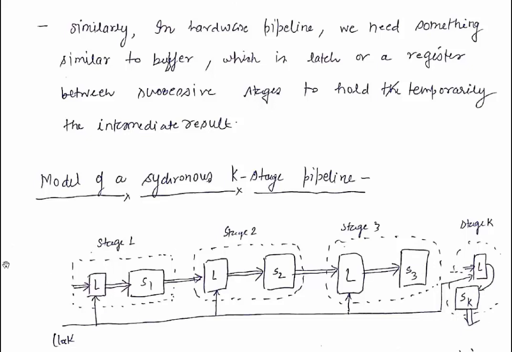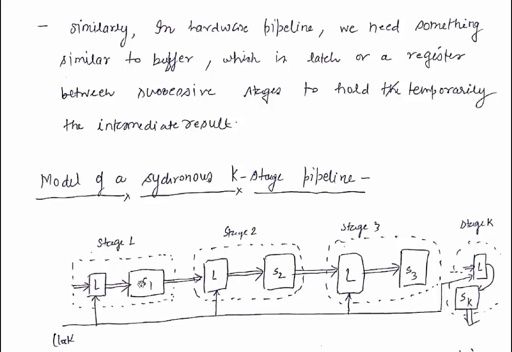Now this is stage 1, and all the stages are connected to this clock. So when we activate the clock, all the latches become active to store the result temporarily. This is a latch or a register to store the intermediate result, and it can be treated as a buffer or tray.